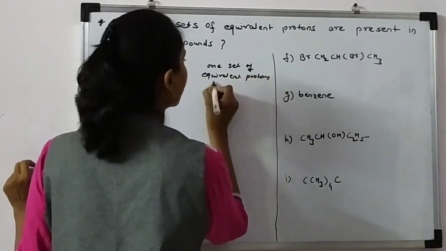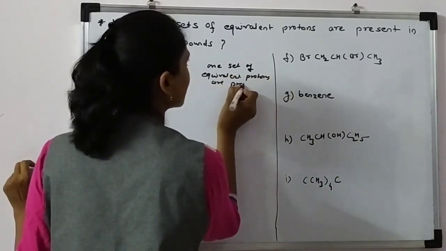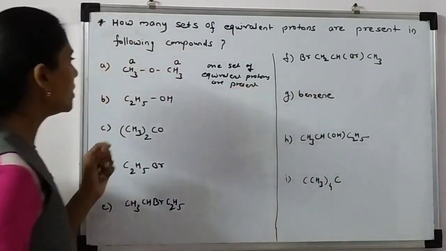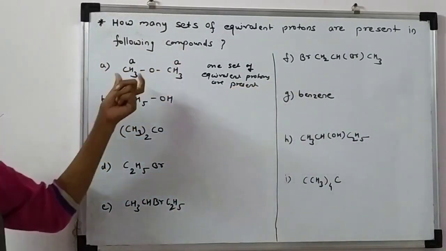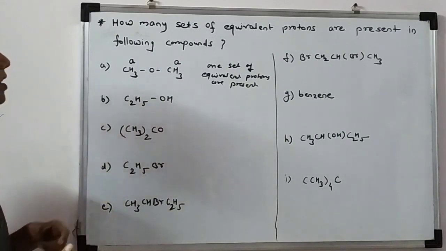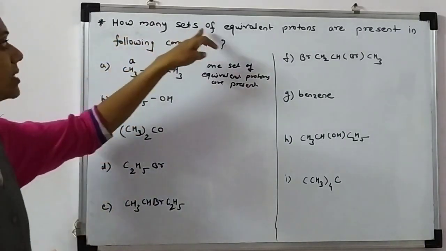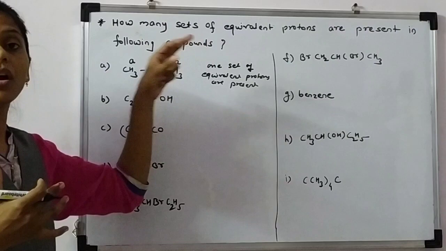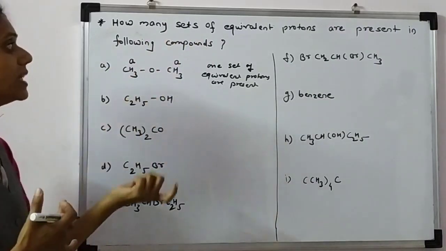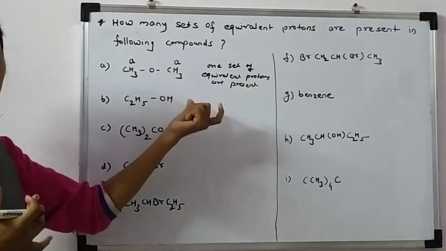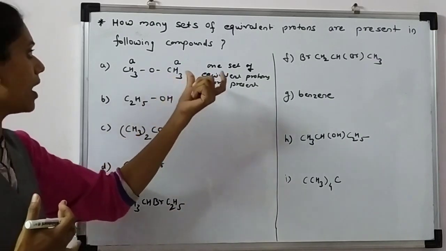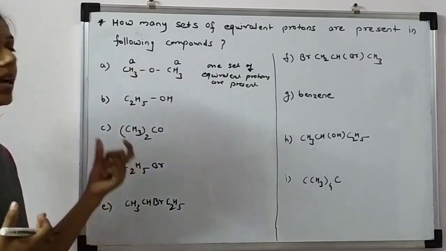Protons are present in the given compound. Okay. The question may arise in another way also: how many sets of equivalent protons, or how many signals, have we obtained in the following compound?